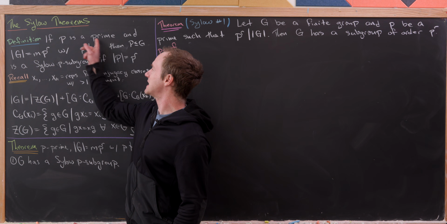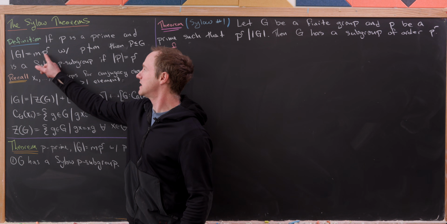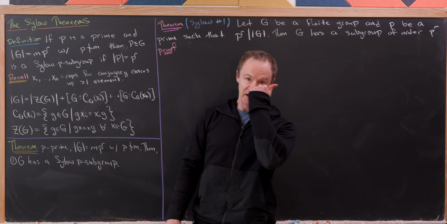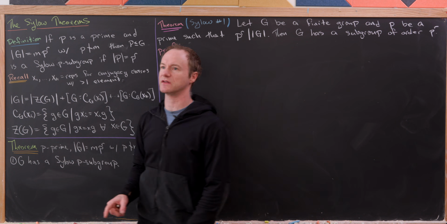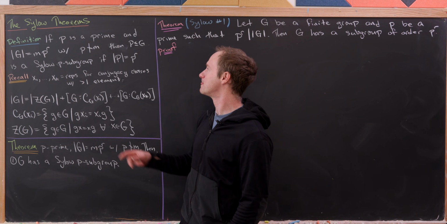So let's say that p is a prime, and the order of a group G is m times p to the r, where p does not divide m. So in other words, this is like factoring the largest power of p out of the size of the group.